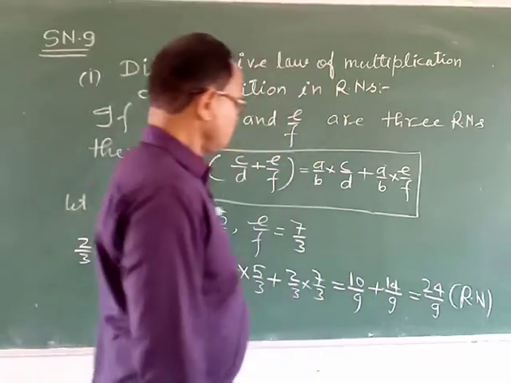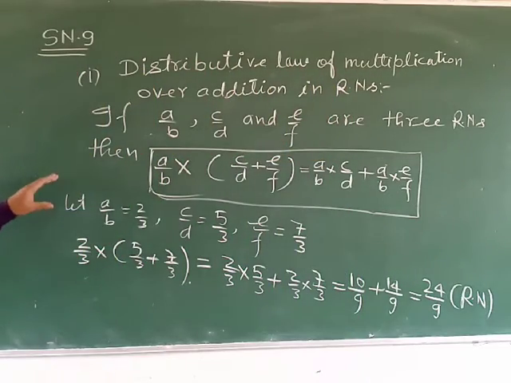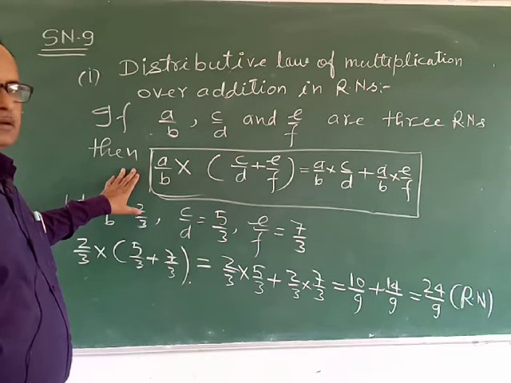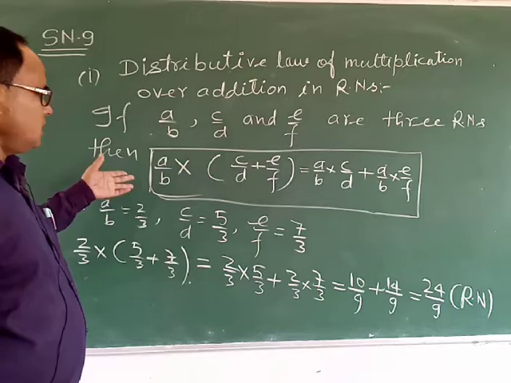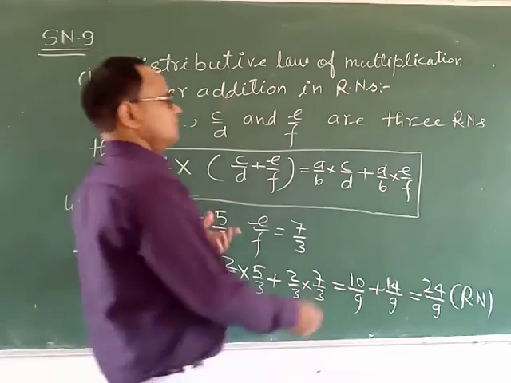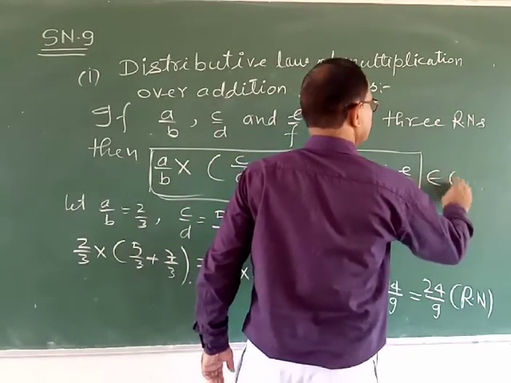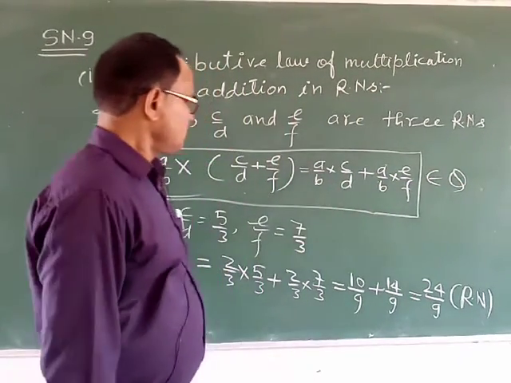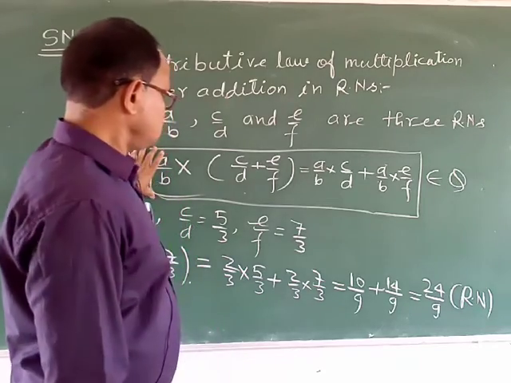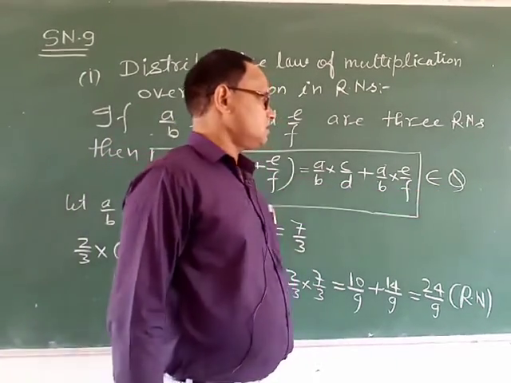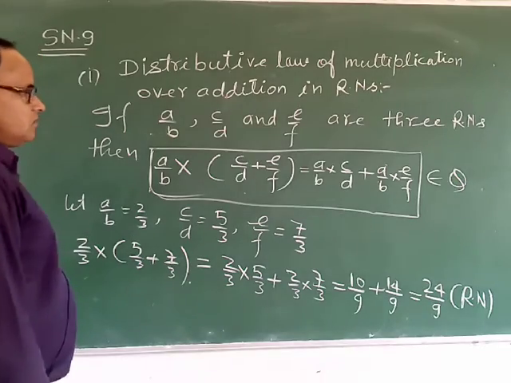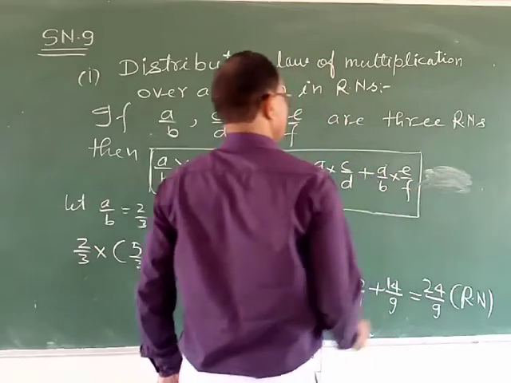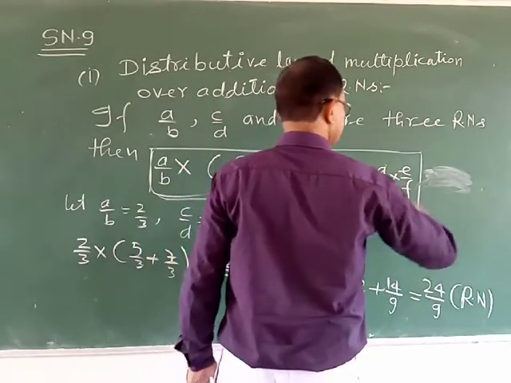Okay, then if these types of questions are given, you can calculate by this method. Whichever number we get during this is also known as a rational number, belonging to Q. Okay, student.